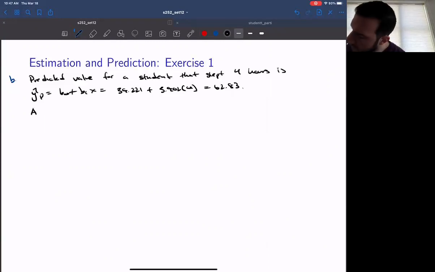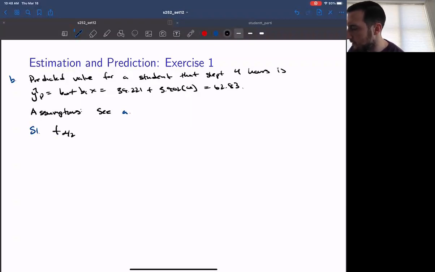Okay, now the assumptions here will be identical to what we had in part A and for all of the material. So I'll just write CA. Okay, and then on step 1, we have our t value.